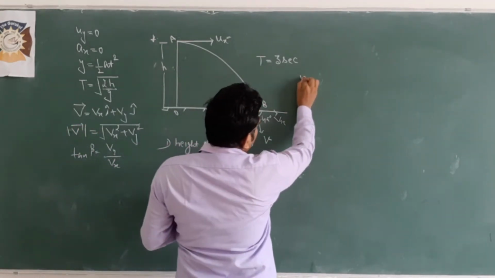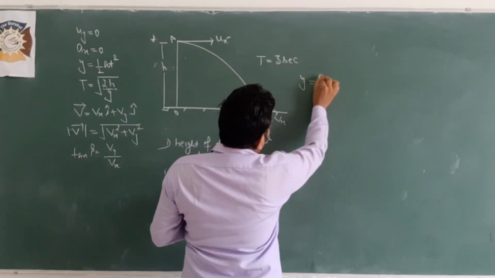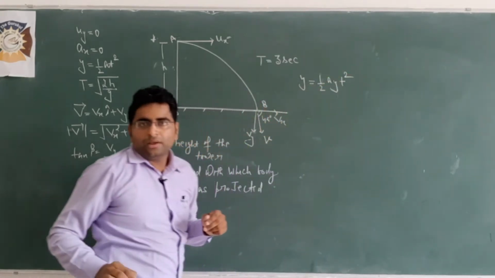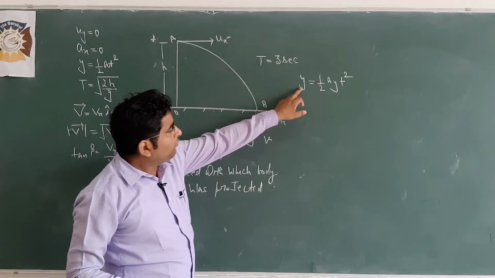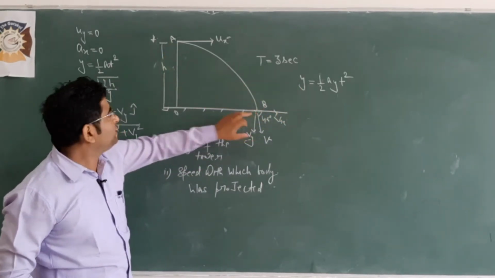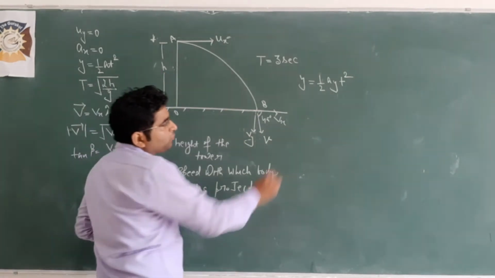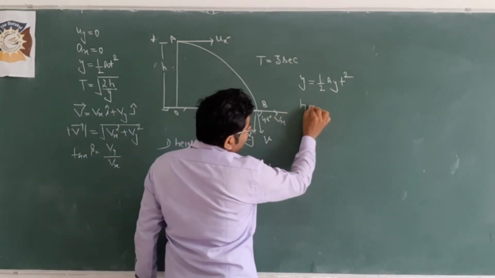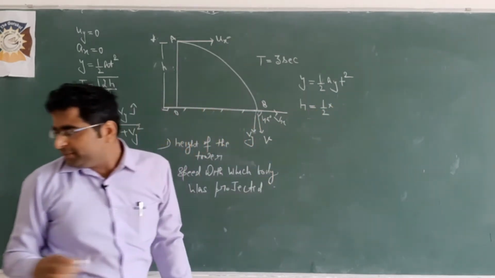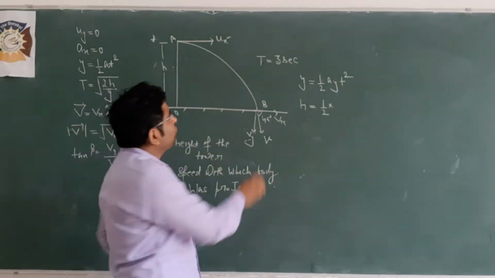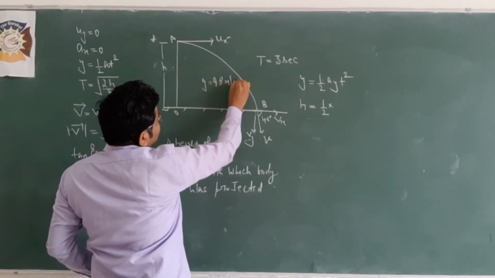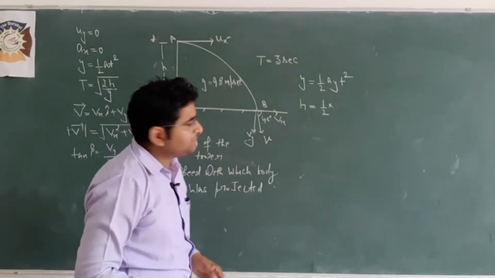Again we will write the equation along y direction. y equal to 1 by 2 ay t square. Clear? So beta, when the object strikes point B, it will cover the displacement h. So in place of y, I am writing h. 1 by 2, the value of ay is equal to g, and in this question we have to take g as 9.8 meter per second square. It is mentioned.